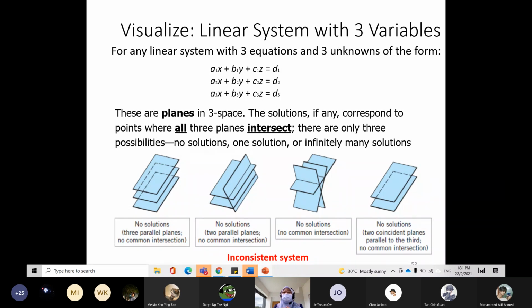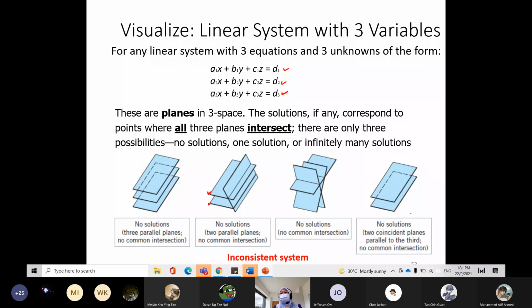So this one we call an inconsistent system, where all the linear equations, when you sketch them, do not overlap. They are just parallel to each other. This one is also no solution, with two of them parallel. Another no solution case has no common intersection, where two coincident planes are parallel to the third one.